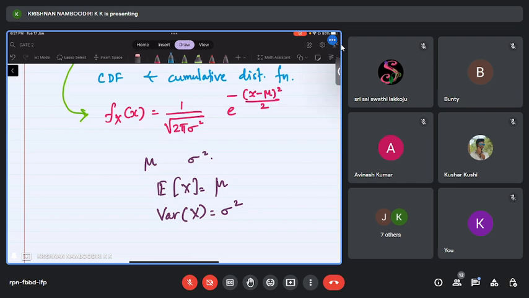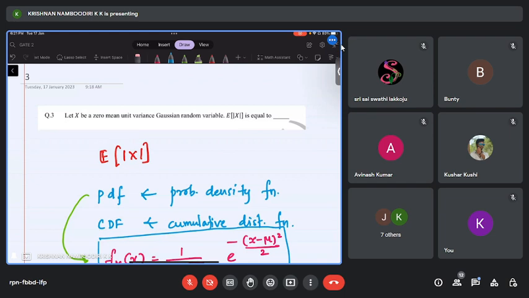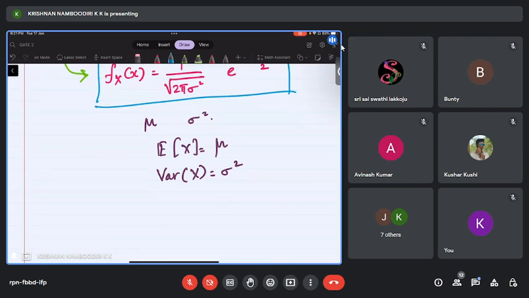So there are two parameters in the PDF. Those are nothing but the mean and the variance of the Gaussian random variable. Now in the question, it is told that X is a zero mean and unit variance Gaussian random variable. What does that mean? Zero mean means mu equal to 0.